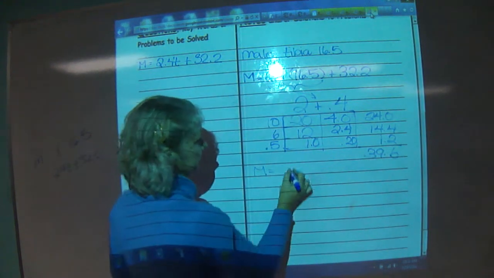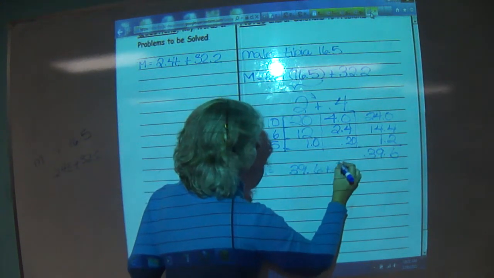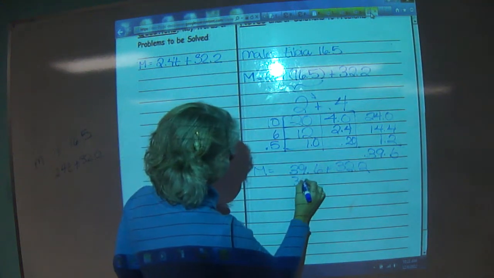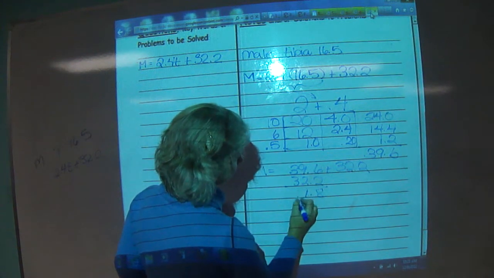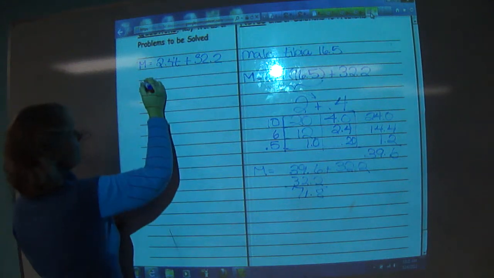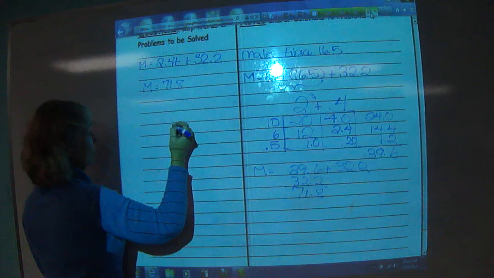39.6. That's what I got. So altogether it's 71.8. So male 1 was 71.8.